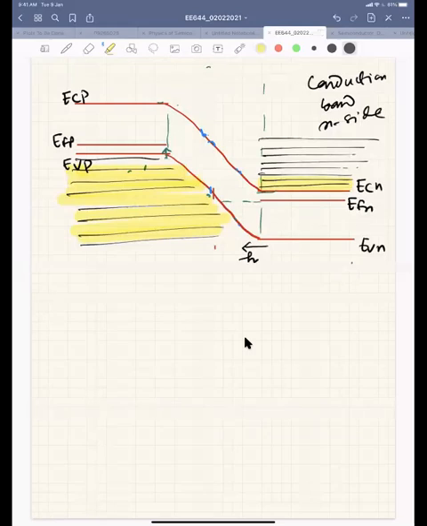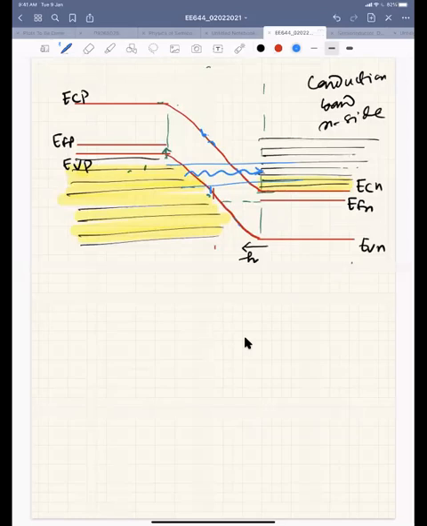But if you see this condition, I have a point, let's say this region here. If you look at the p side, I have filled states. If you look at the n side, I have empty states. So when I have filled states on one side and empty states on the other side, the electron could tunnel. This is the quantum mechanical tunneling process.